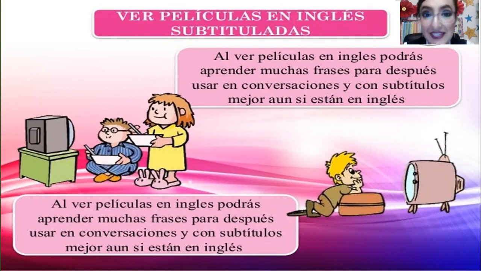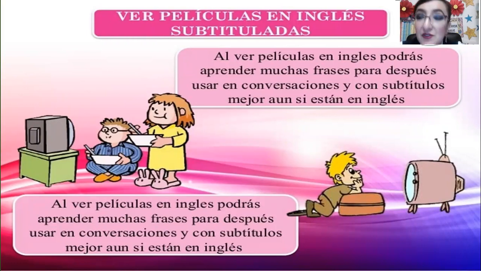One activity that is going to be very helpful for you is watching movies, but in English. When you have the opportunity to watch movies in English, you are going to be learning a lot of phrases, in order to use those phrases in further conversations.